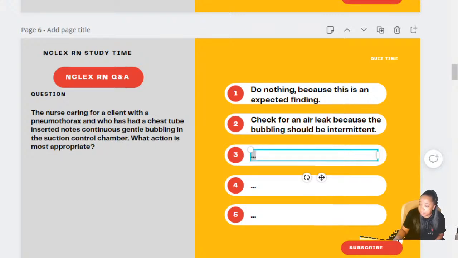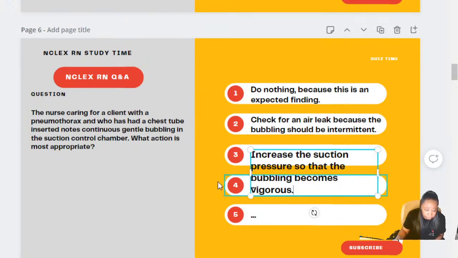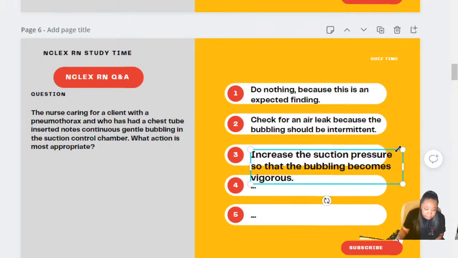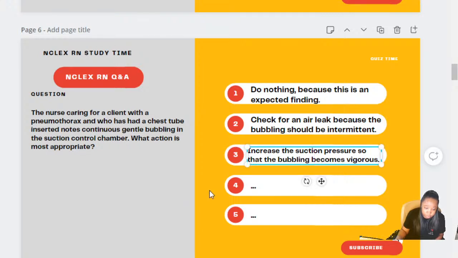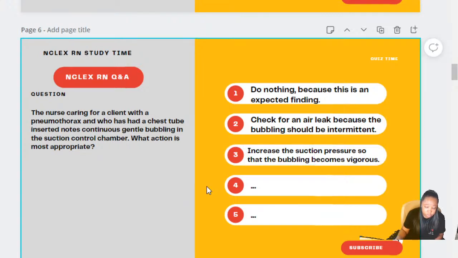The third one says, increase the suction pressure. Will you increase the suction pressure? Remember, before the chest tube was applied, the doctor set a certain pressure, so you cannot just go and increase the suction pressure.